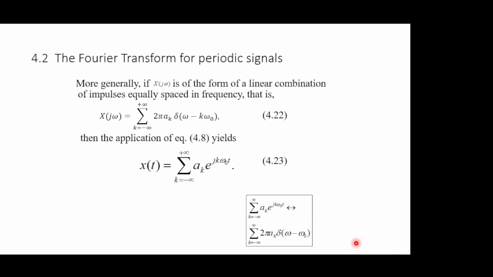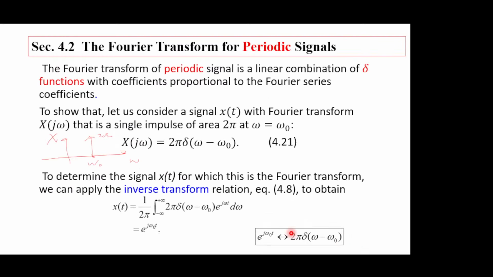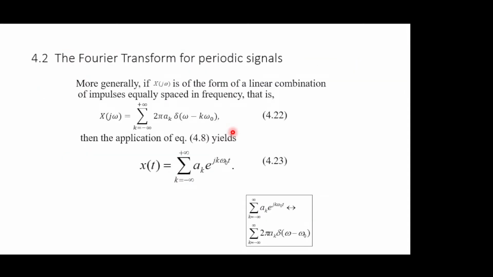So if you buy this, then we can easily construct the Fourier series. We have the Fourier transform of the complex exponential e to the j omega naught t being 2 pi times the delta function. Although we didn't say it, it's very easy to check that the Fourier transform also satisfies linearity.